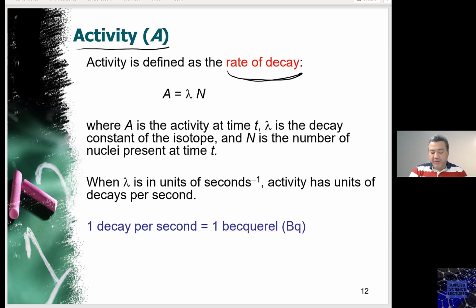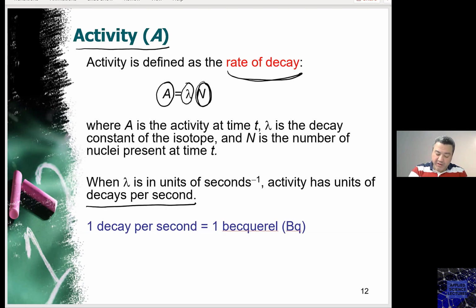By multiplying the number of the nuclei, that's a function of time, with the decay constant lambda, taking the lambda here per second, then you get the activity, which is the rate of the decay, that is in decays per second.